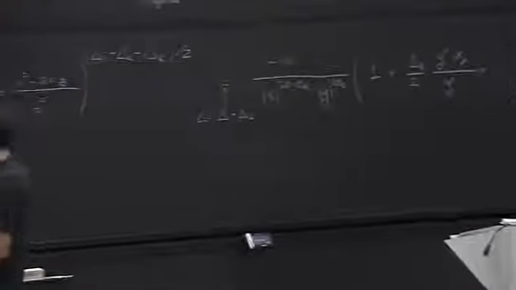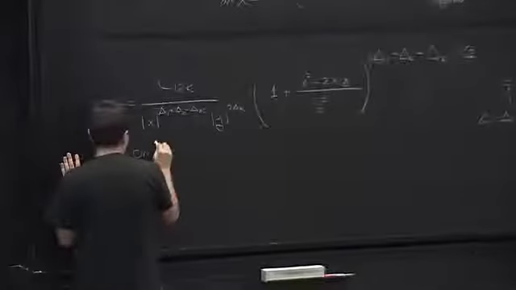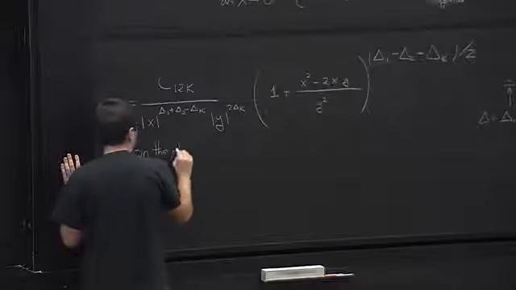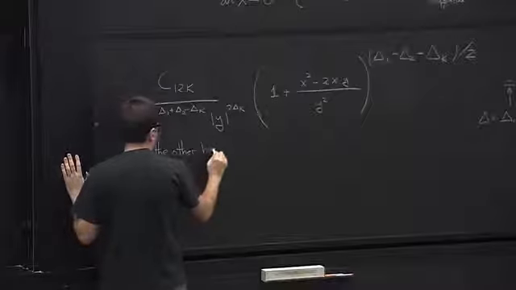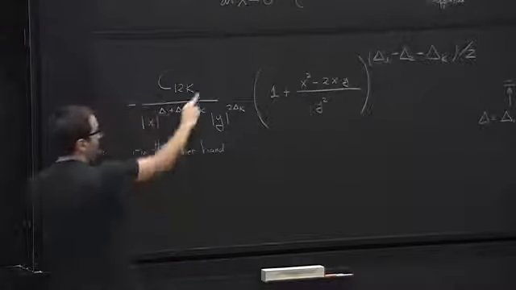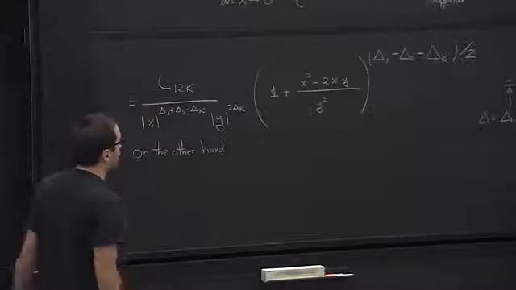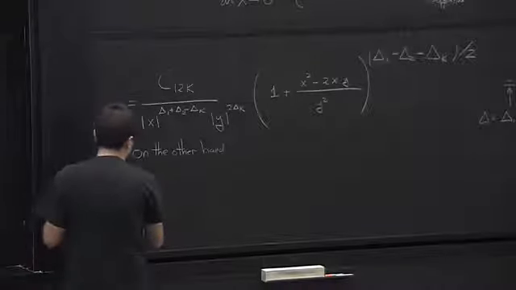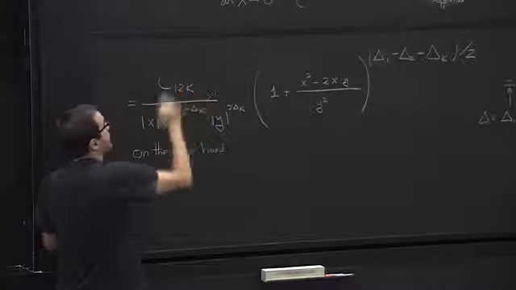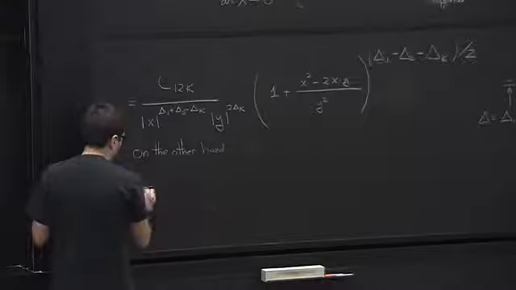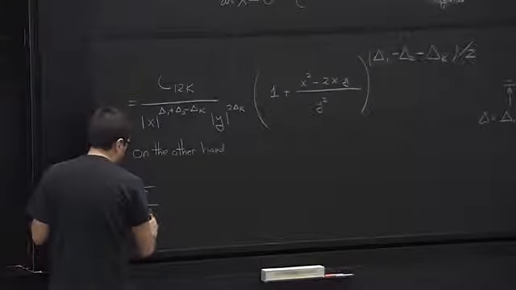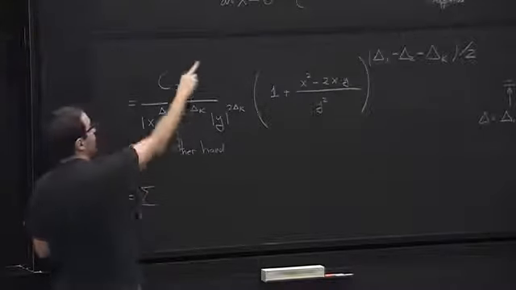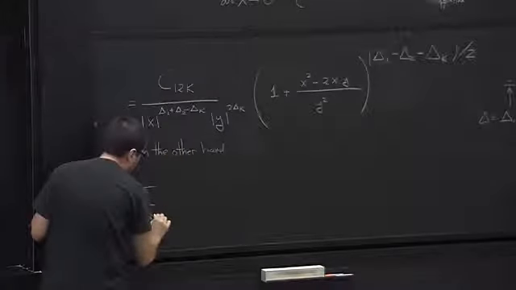But now, on the other hand, we can plug in the operator product expansion. So that same expression should be equal to, when we plug the operator product expansion there, a sum over, let me use some other index, say k prime, which are the primaries.